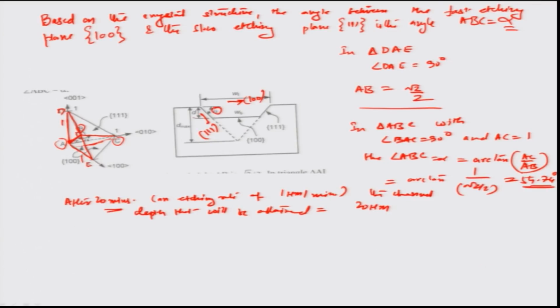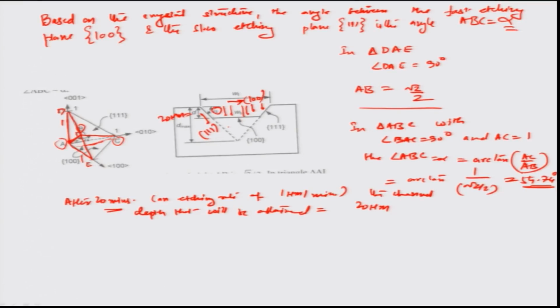So that is going to be the D value here, 20 microns, and the etching is happening anisotropically, and the walls are getting formed because of that.